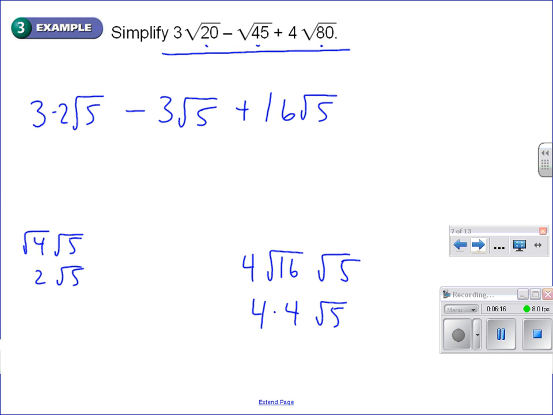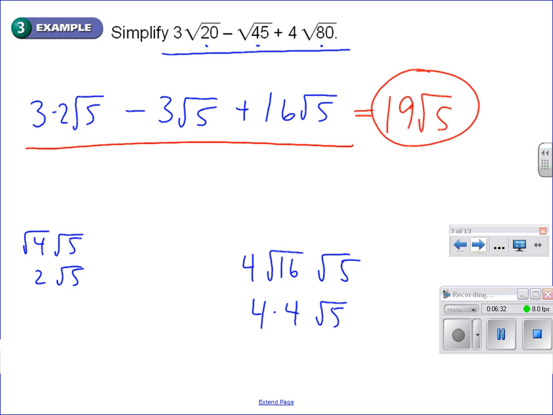So now 3 times 2 is 6, and I can add all these together. 6 and 16 is 22, minus 3 is 19 square root of 5. Now, again, these are all like as far as the radical sign, so I can add and subtract, basically combining like terms is what that becomes.